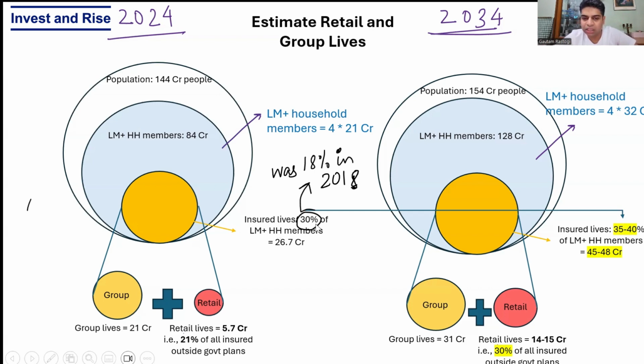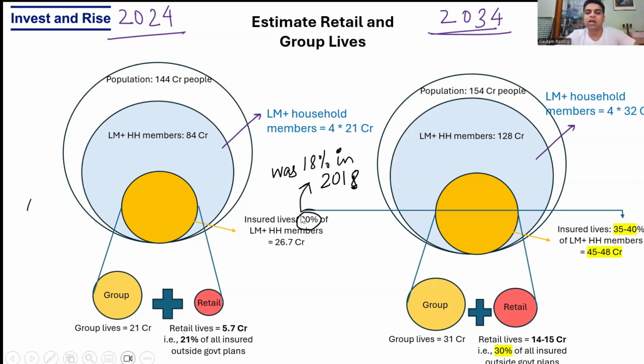So we are saying 30% will increase to 35-40%. But 6 years ago, in 2018, this number was 18%. So in 2018, only 18% of the people falling in lower middle and above households were covered by retail and group.